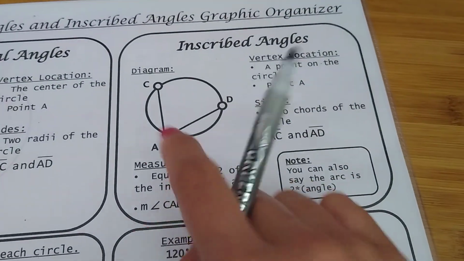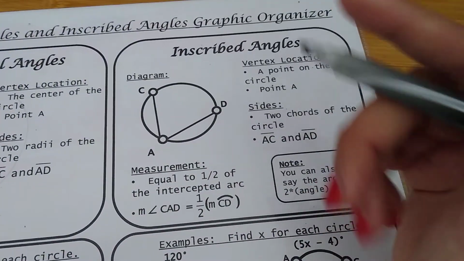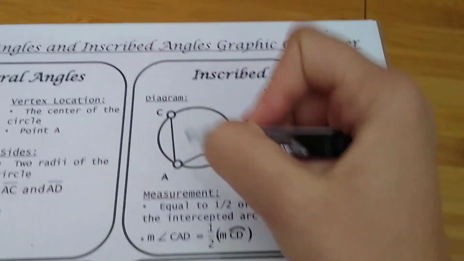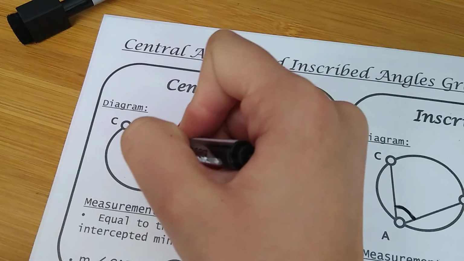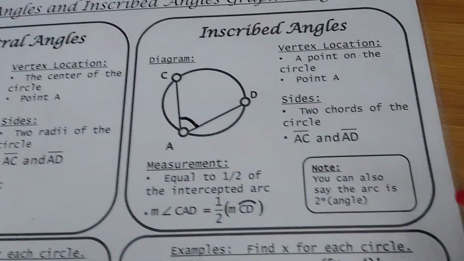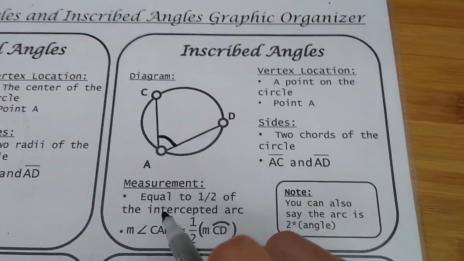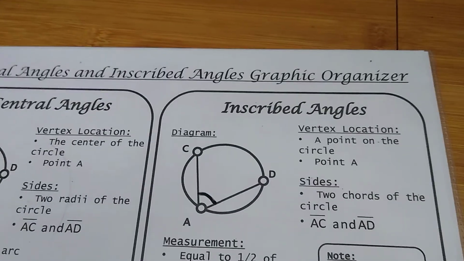And then the measure of the inscribed angle. Here the inscribed angle is this one, right? The central angle is this one. I should have marked that one for you guys. Anyways, the measure is equal to 1/2 of the intercepted arc. Let me grab another marker.